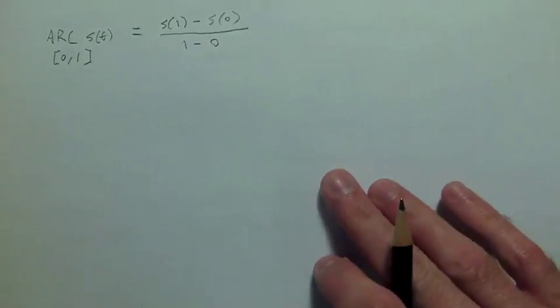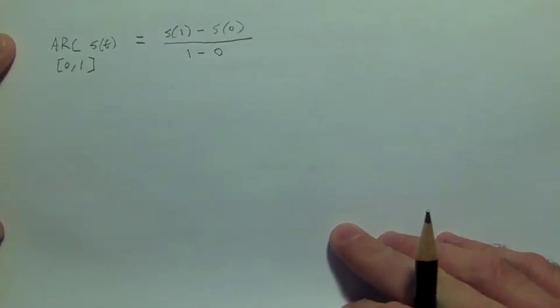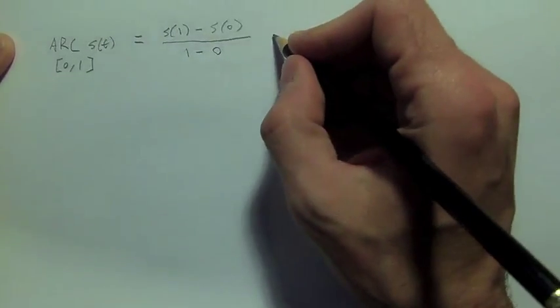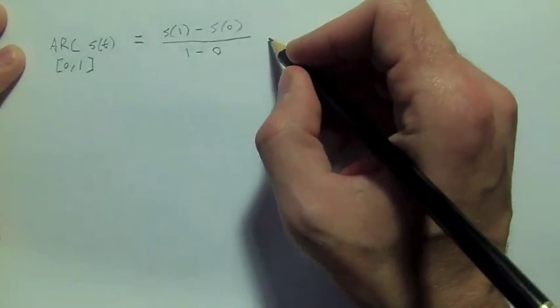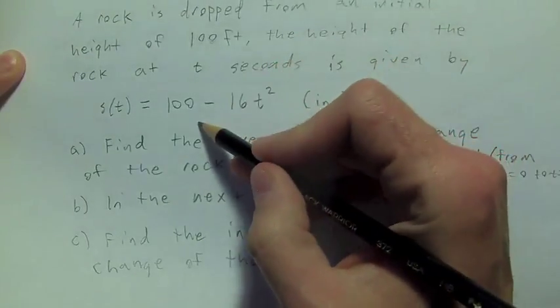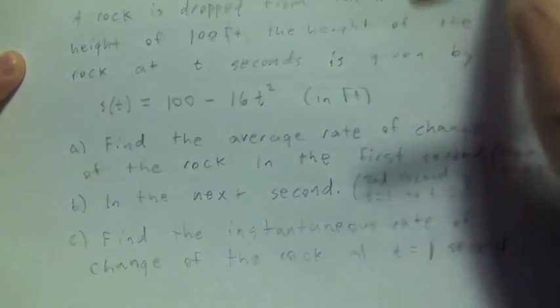Okay. So it's going to be s of 1 minus s of 0 all over 1 minus 0. If you remember what s is, it's 100 minus 16t squared.